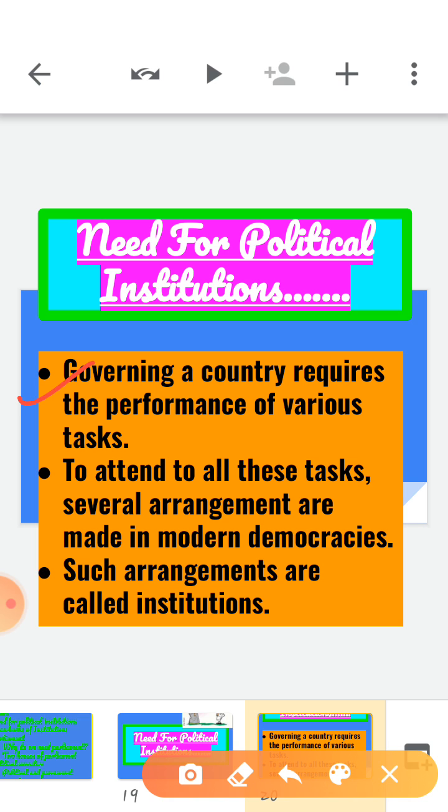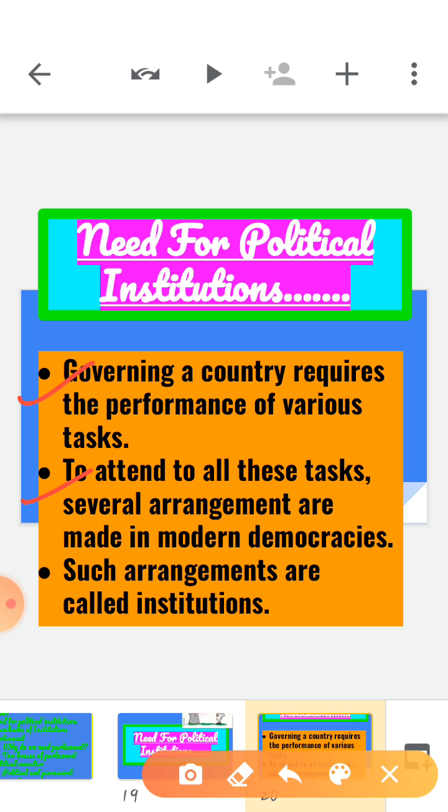Now, some persons have to take decisions on how to go about these activities, and others have to implement these decisions. If disputes arise on these decisions or their implementation, there should be someone to determine what is right and what is wrong.